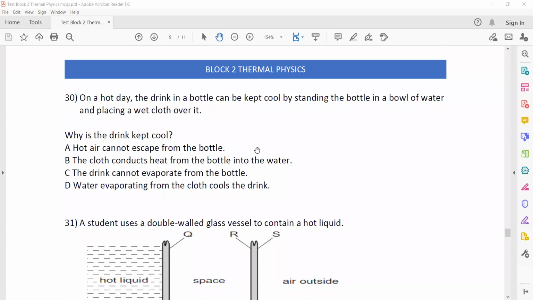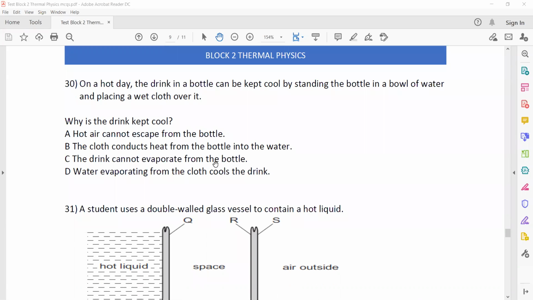On a hot day, the drink in the bottle can be kept cool by standing it in a bowl of water and placing a wet cloth over it. What is the reason for that? Because that's a process of evaporation. The energetic water molecules escape.